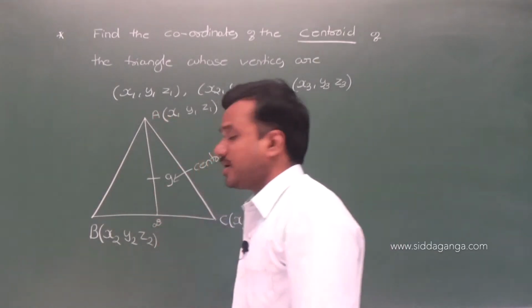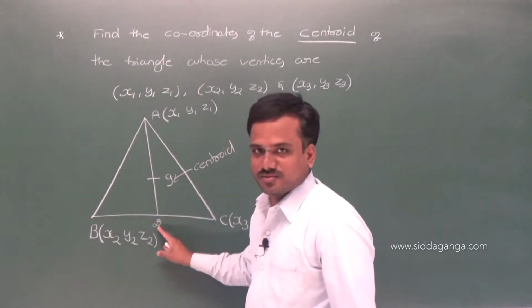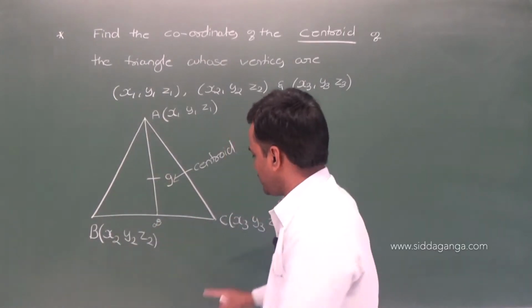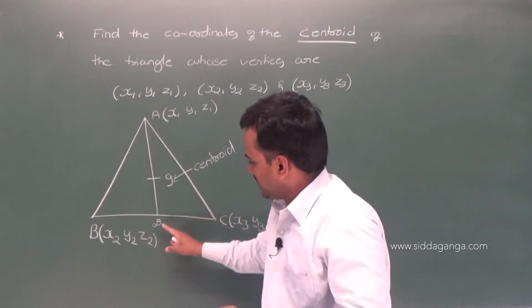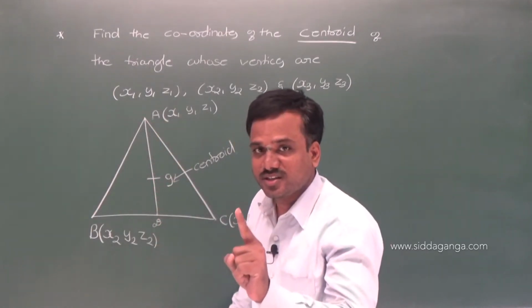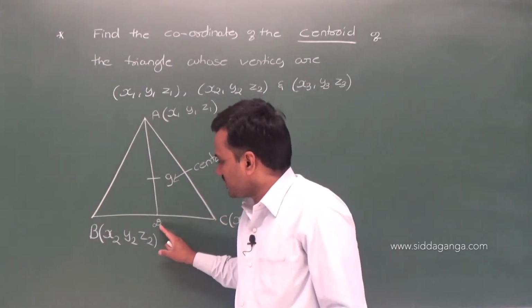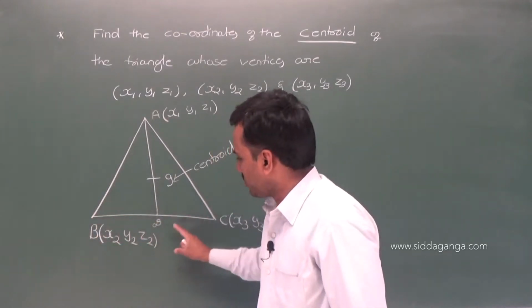It is nothing but a median. Median means D lies exactly at the midpoint of BC. Very important. The length AD is nothing but a median. Median means that point D lies exactly at the midpoint of BC.